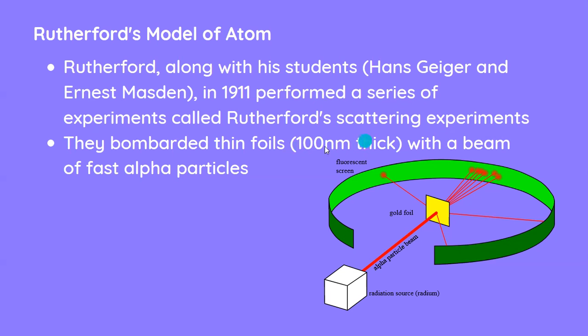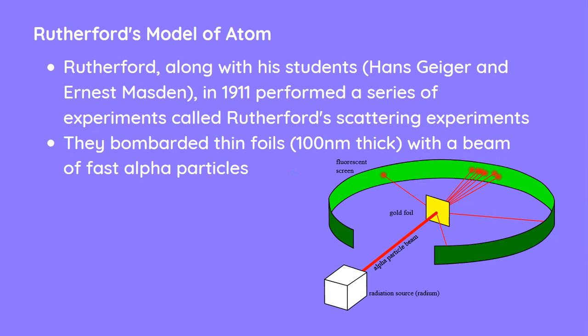This thin foil is 100 nanometers thin, and the alpha particle source is radium.